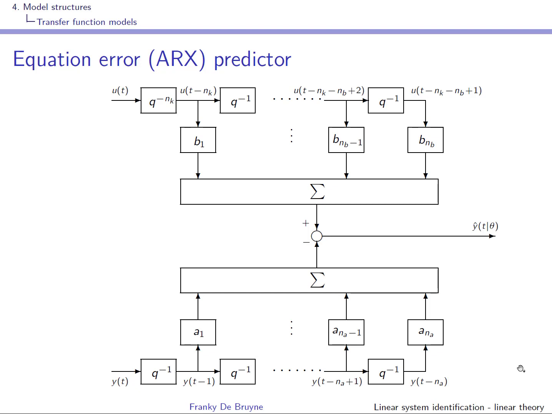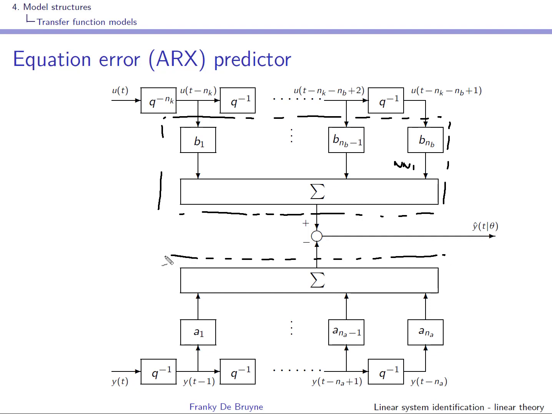And yet another alternative would be to use a neural network at the input side. Okay, so let's call it neural network 1, and use another one over here, neural network 2, but you still have a separation between the exogenous input and the autoregressive part.